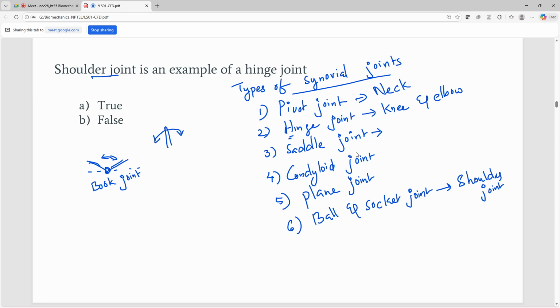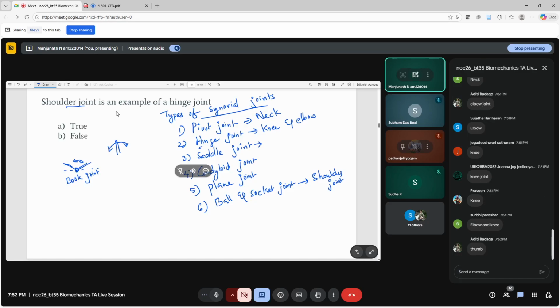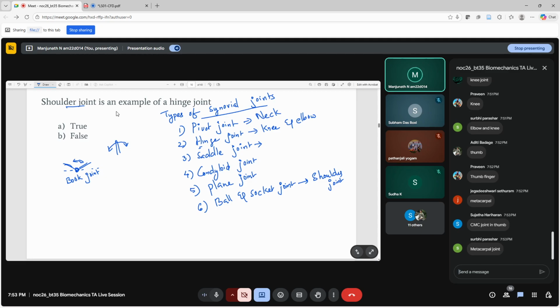Then saddle joint. So can you give me an example for saddle joint in the human body? Metacarpal, thumb, finger. Okay.